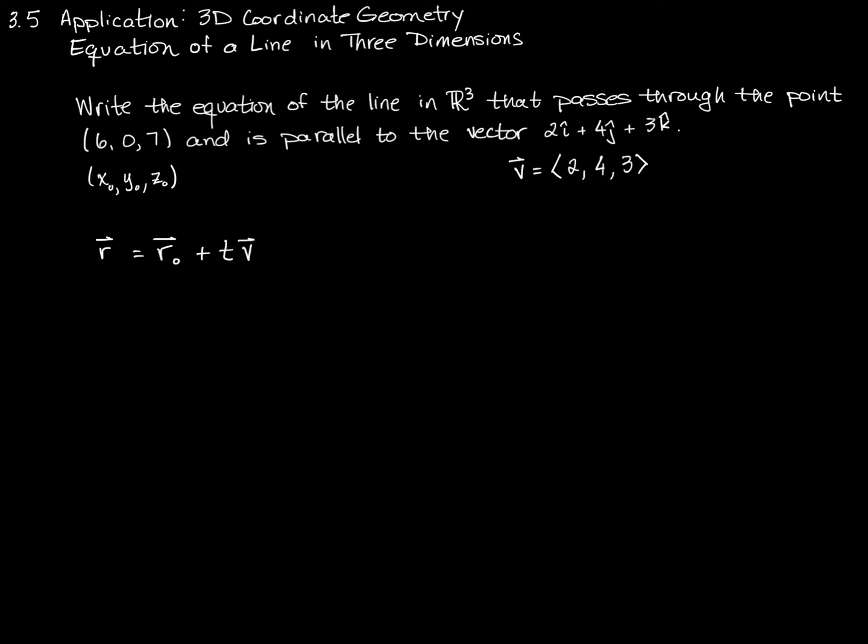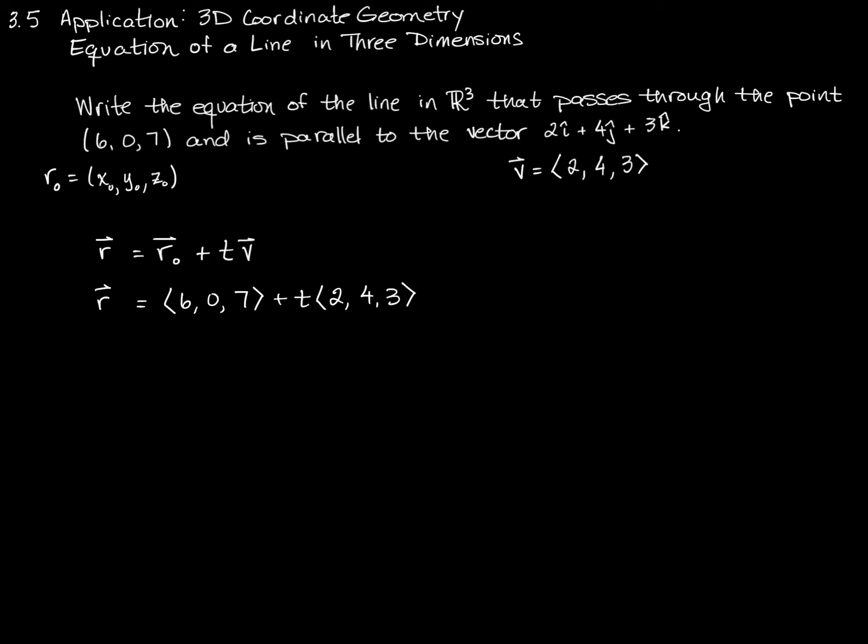I've written this x naught, y naught, z naught. This is my r naught. And here I have my v. So literally all I have to do is write out what those vectors are: (6, 0, 7) plus t times (2, 4, 3). And that's it.